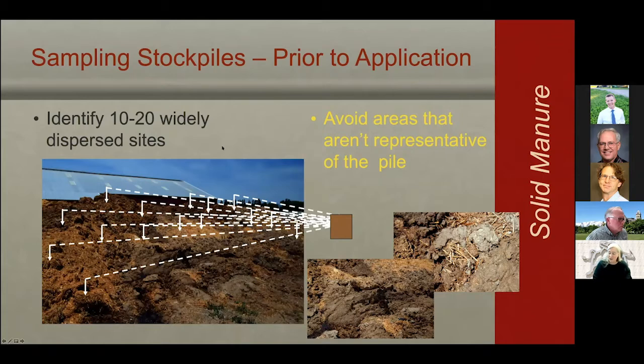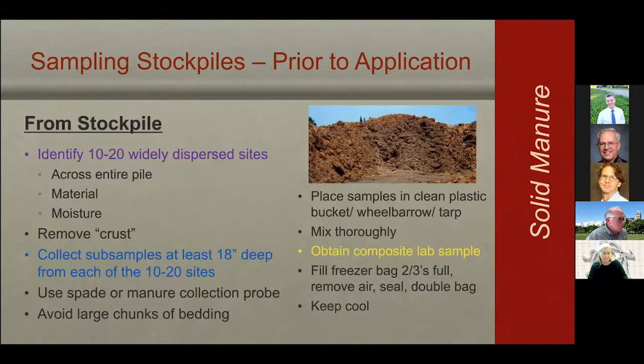One study actually showed that even at 20 samples, it's really easy to not get good representative samples. So you need to be looking at what you're doing and try to avoid areas that aren't representative of the pile. You don't want to just go along the little front edge and get the ones that are easy. You need to go all the way around the pile. Don't forget to get into the center of the pile, but you're trying to get a good representative sample.